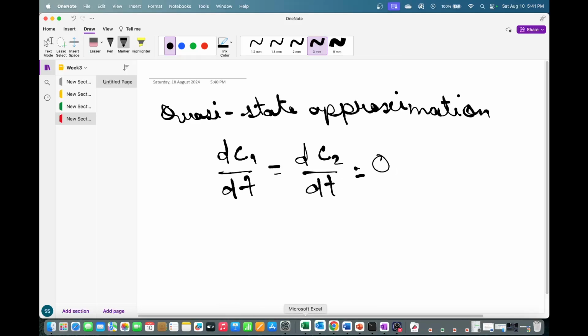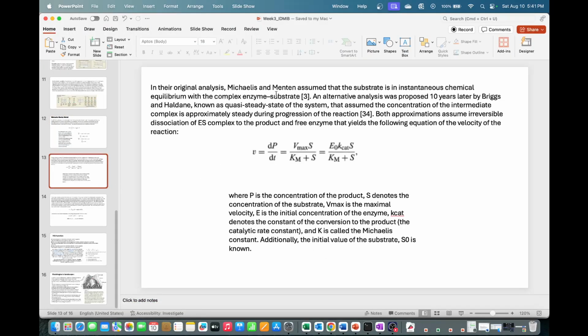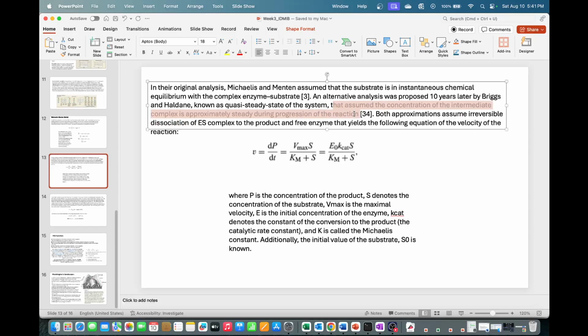Now why we are doing this, already I told here. So alternative analysis, what Briggs and Haldane told us, was the quasi-state of the system that assume that the concentration of the intermediate complex is approximately steady during the progression of the reaction.